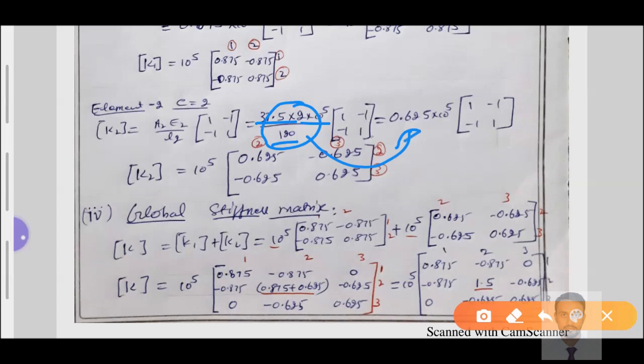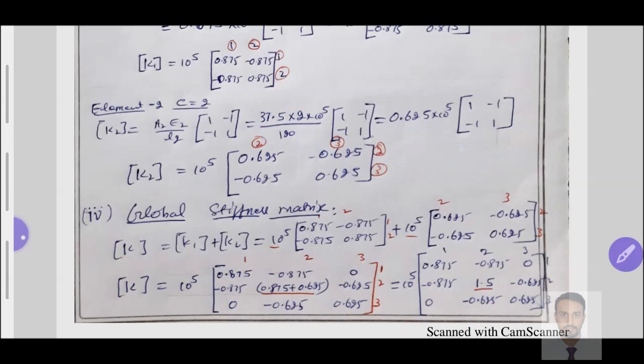Calculate this value, which is equal to 0.625 into 10 to the power of 5, times [1 -1; -1 1]. I'll take 10 to the power of 5 common and multiply this value inside the matrix. We'll get this matrix: [0.625 -0.625; -0.625 0.625].